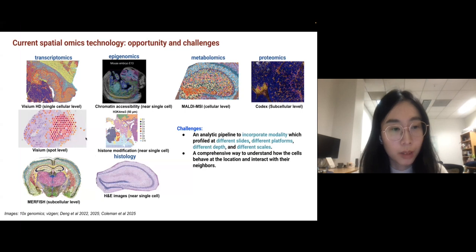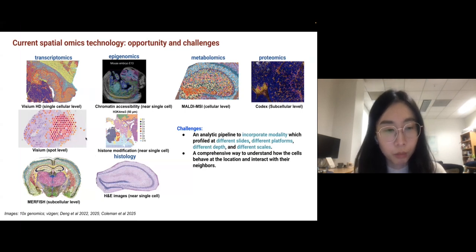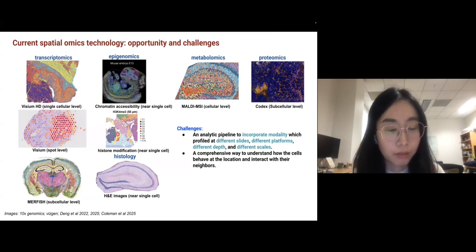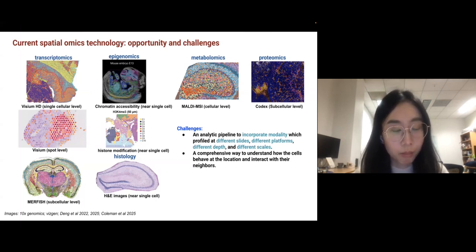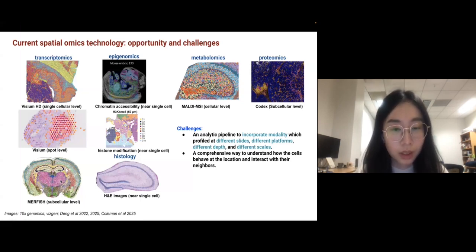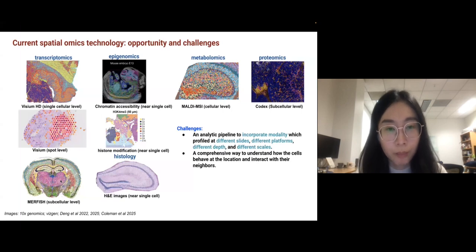For example, for transcriptomics, we first had Visium, which is a spot level technology, and later on we have Visium HD, which increases the resolution at the spatial level. But the number of genes profiled is probably a little bit lower, which is very similar to MERFISH, which has subcellular resolution, but the number of genes is probably up to 2,000 or a little bit higher.